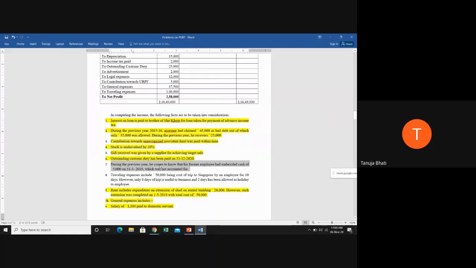During the previous year, Shri Court comes to know that his former employee had embezzled cash of 5,000 on 31/3/2019, which was not accounted for. So students, what is this sentence saying? That there was an employee who did a cash mismanagement of 5,000 rupees. There is a loss of 5,000 rupees cash which was not accounted for.